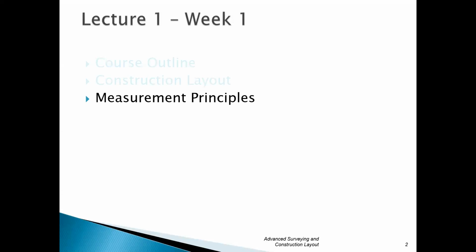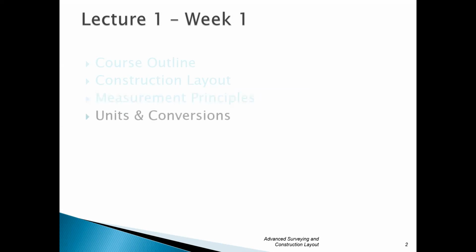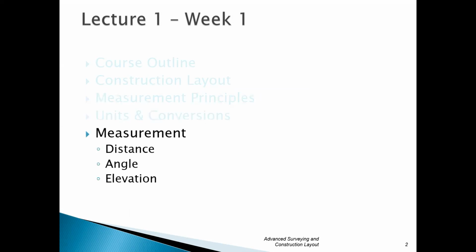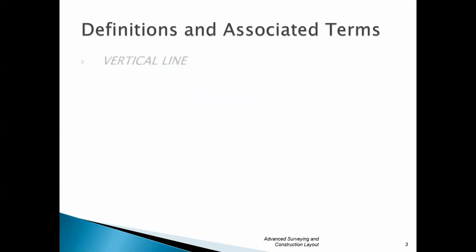We're going to look at units and unit conversion, measurement of distance, measurement of angle, measurement of elevation. Again, all of the things that you should have covered in the 105 class, okay? So let's take a look.